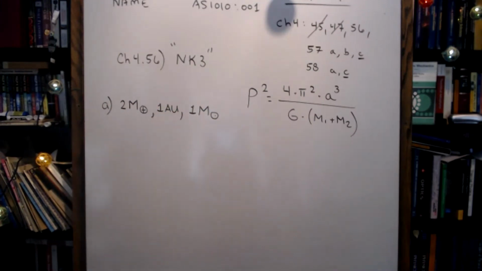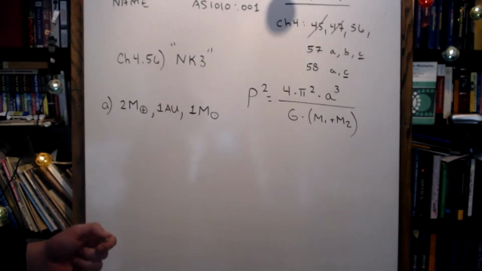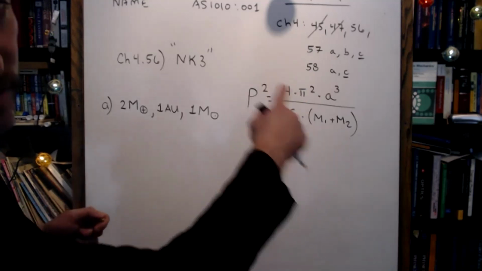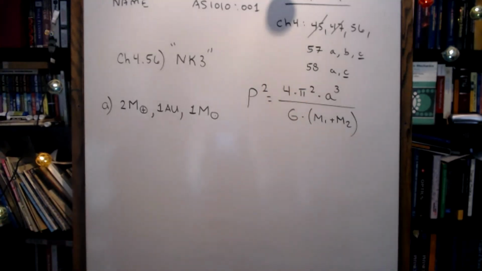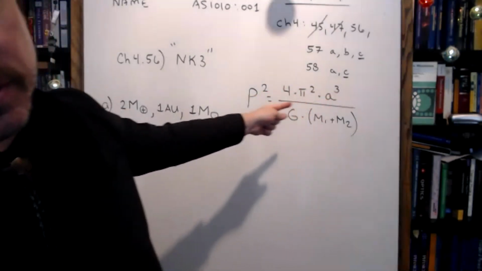Now in the problem, Nicole, I think you might have missed a part of the reading there, but it said these problems are so simple you will not need a calculator. That is definitely not true here, because we're using Newton's version of Kepler's third law, and we're going to want to solve for the period of this new hypothetical planet. Let's focus on the symbols.